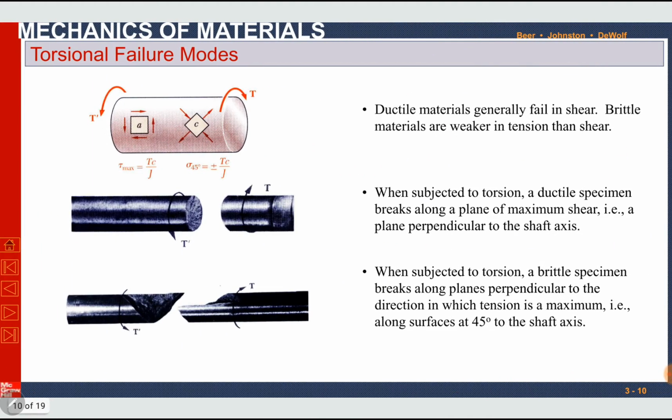Now we have established that elements at 45 degrees with the member axis are under pure normal loading, which will be maximum normal stress, and the elements parallel or perpendicular to the member axis are under pure shear loading. We already know that ductile materials generally fail in shear, while brittle materials are weaker in tension rather than shear.